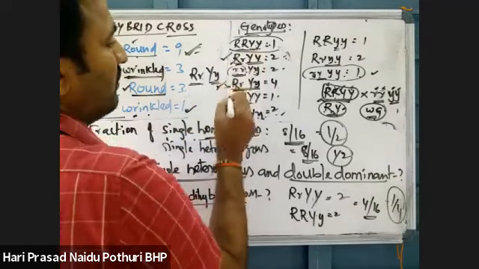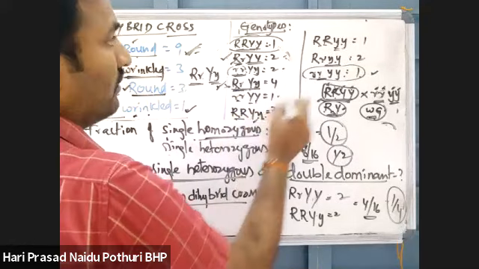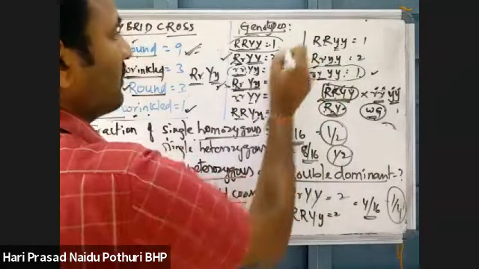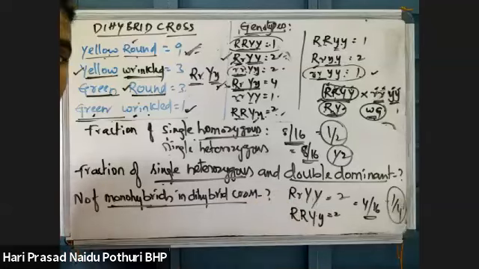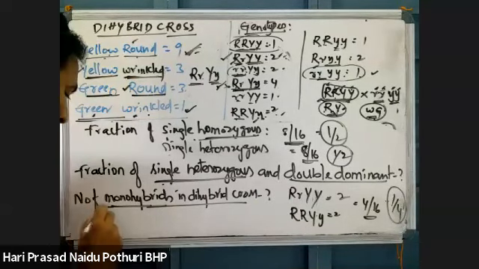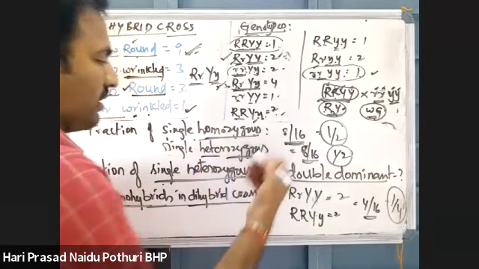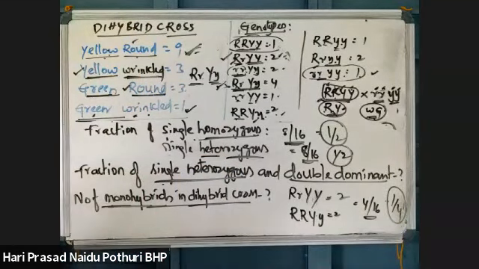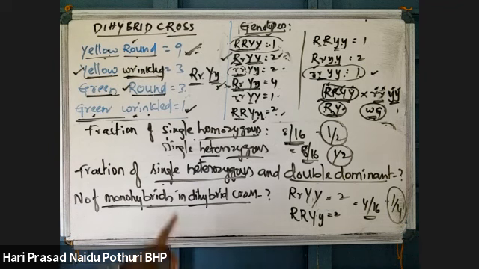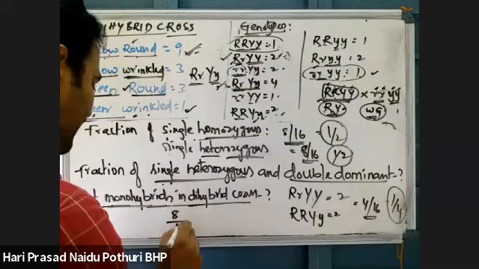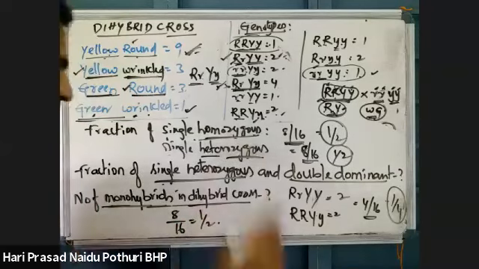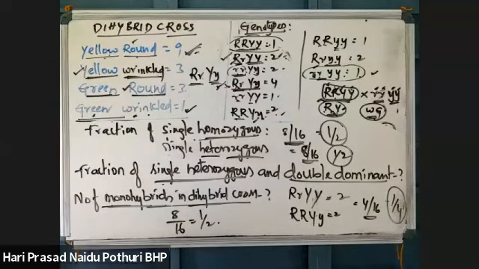That means this one, this one, this one, this one. Total 8 will come. Monohybrids in a dihybrid cross means which is a single heterozygous. The ratio of monohybrids in a dihybrid cross means 1 by 2 will come, which is 8 by 16, that is equal to 1 by 2 is the ratio. Percentage is 50.